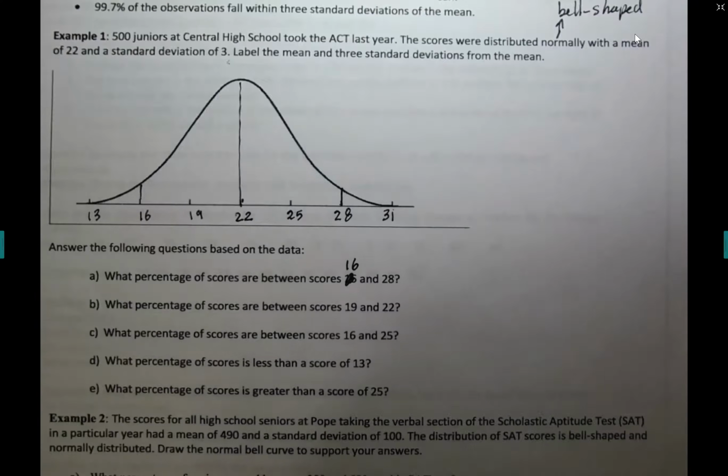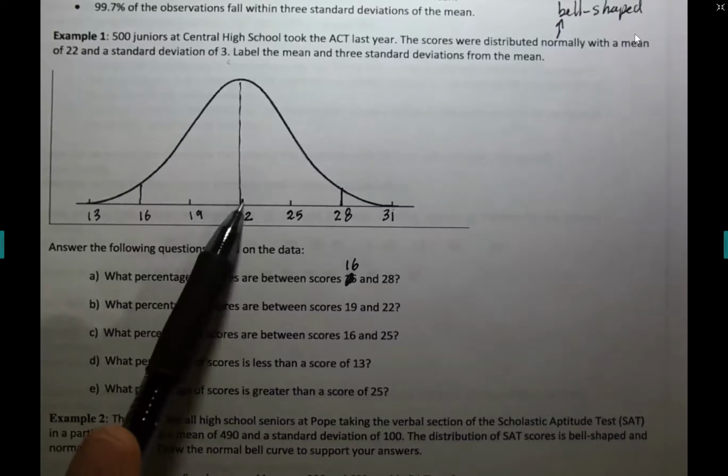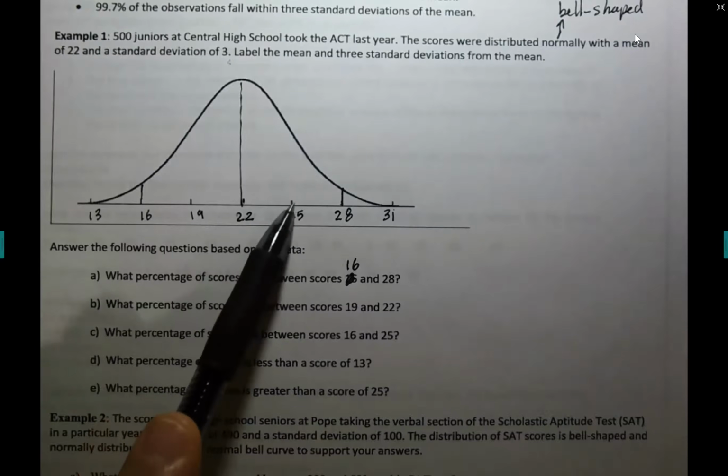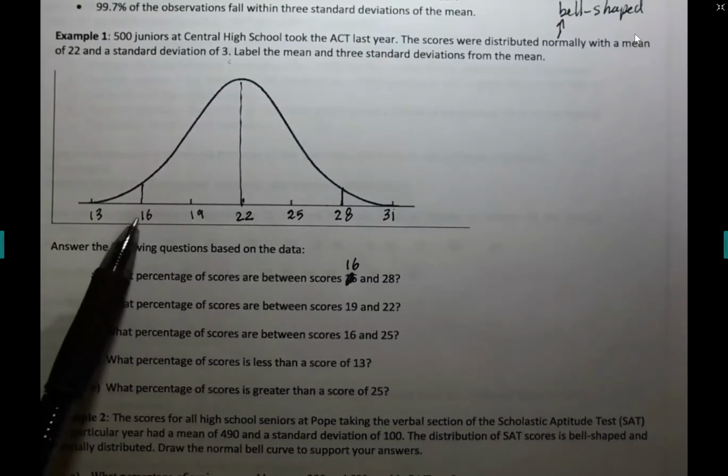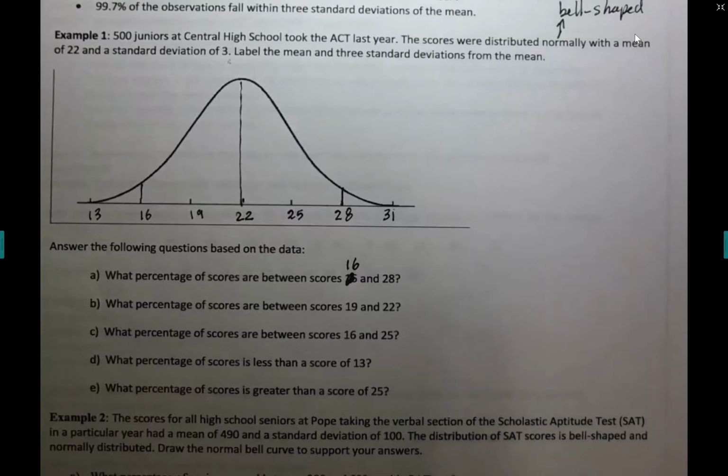What's the answer, guys? 95%. Does everyone agree it's 95%? Because look, from 22, we count 2 standard deviations, we get to 28. From 22, we count 2 standard deviations below, we get to 16. So it is 95%. Done.